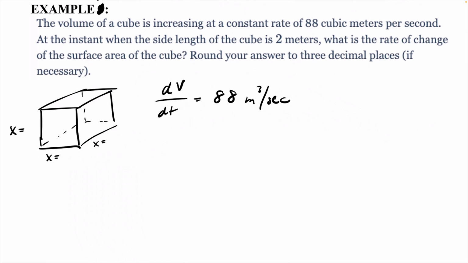So at the instant when the side length, when X is 2 meters, what is the rate of change of surface area? Is there any more given that I haven't written down? I always ask that question because I see students go into the question before they've written down all the given.